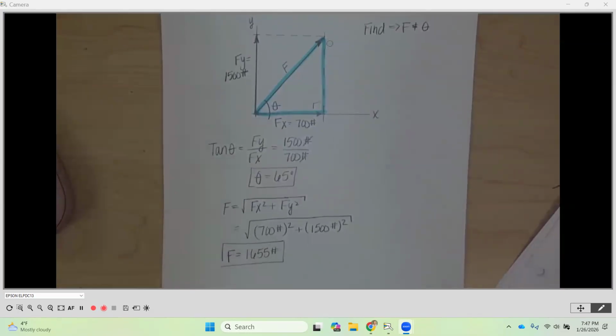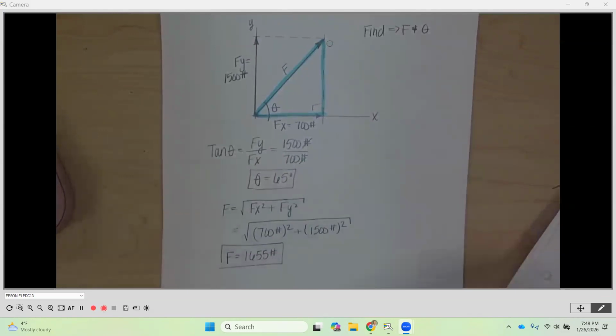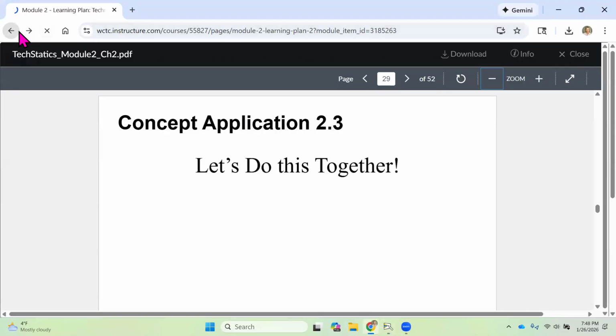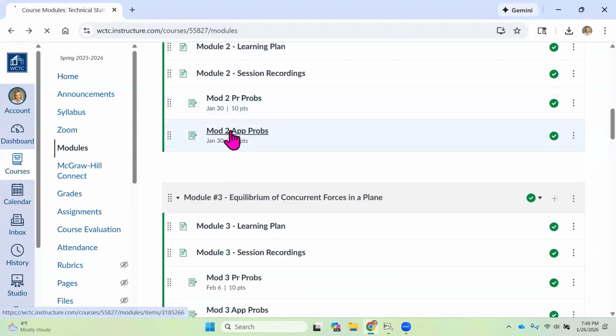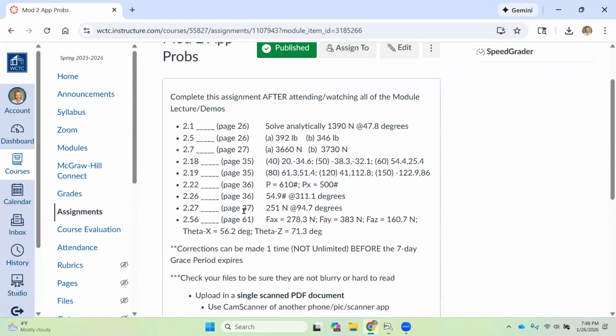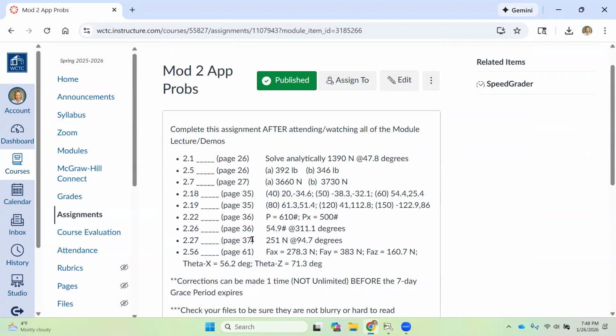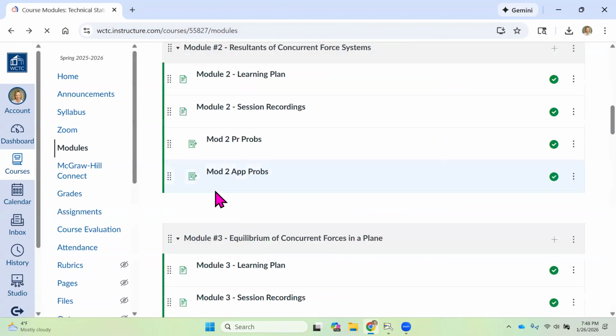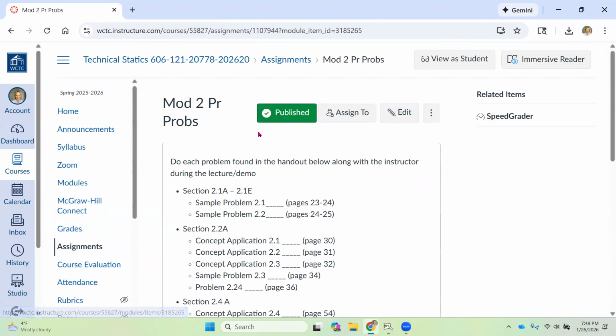That is actually going to be from the homework-ish. Hold on. If we look at our homework, I'm going to look there first, so it makes sense what we're doing. If I go to Module 2 application problems, oh no, I'm sorry, not that, the practice problems.